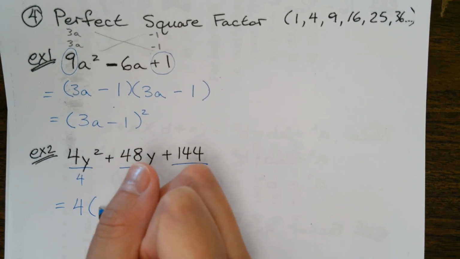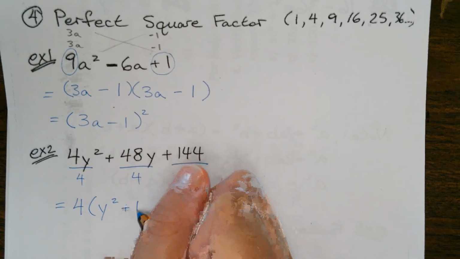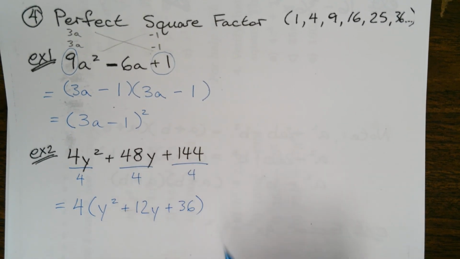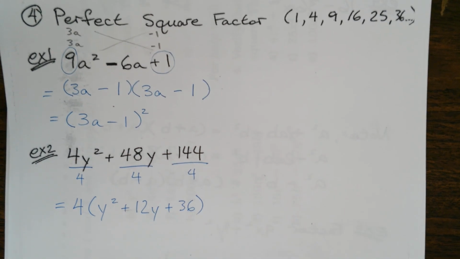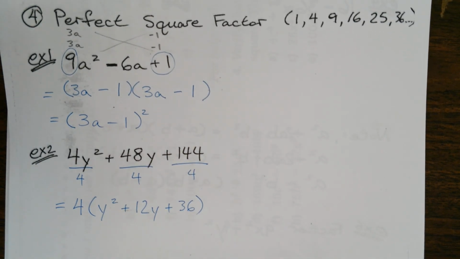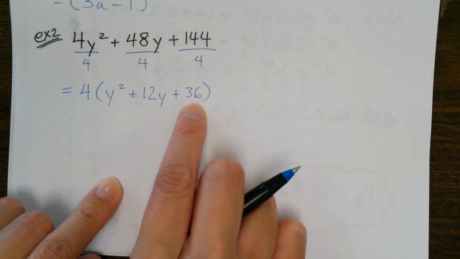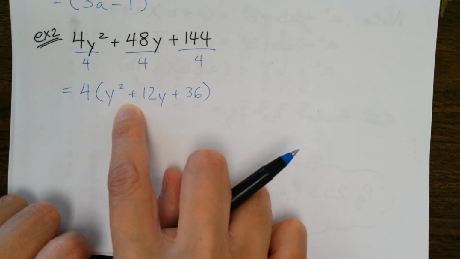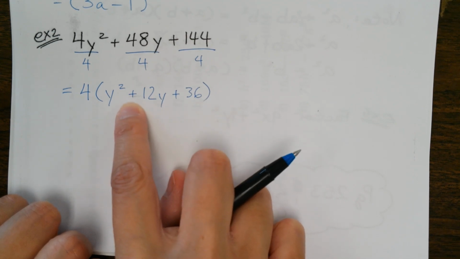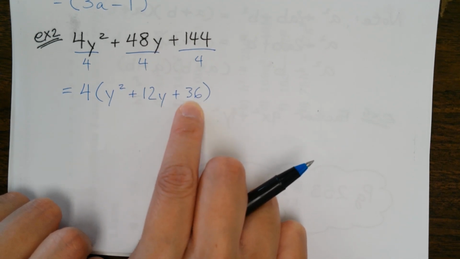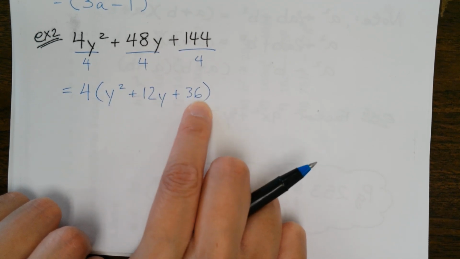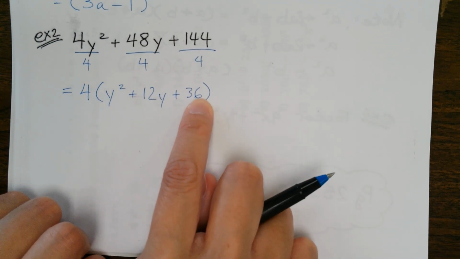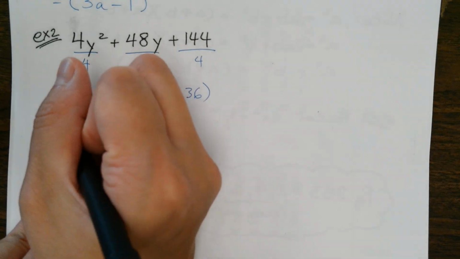So 4 bracket y squared plus 12y plus 36. Okay, what type of factoring should I use here? Perfect square. This is still a perfect square factoring. 1 y squared and 36. 1 and 36 are both perfect square numbers.